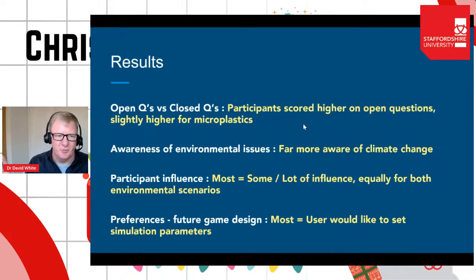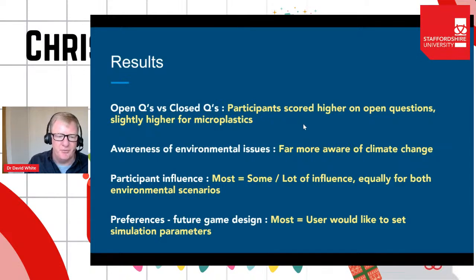And I'll come back to this in the second stage of this research project, which I'll go over in a moment or two. But surprisingly, most people said they have some or a lot of influence, equally for both environmental scenarios, which is probably quite optimistic. I suspect it means that people think it is worth doing the right thing.